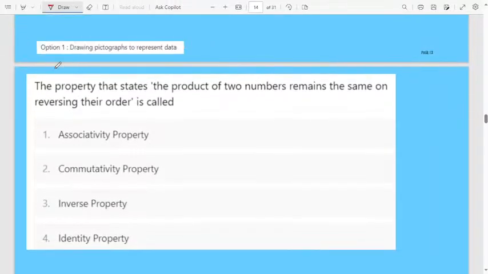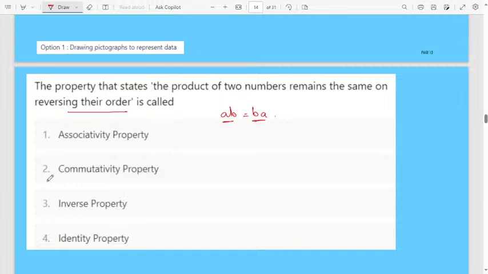Next question, the property that states the product of two numbers remains the same on reversing their order is called. The product of two numbers AB will be equal to BA. Even if you reverse the numbers, the product will be the same.